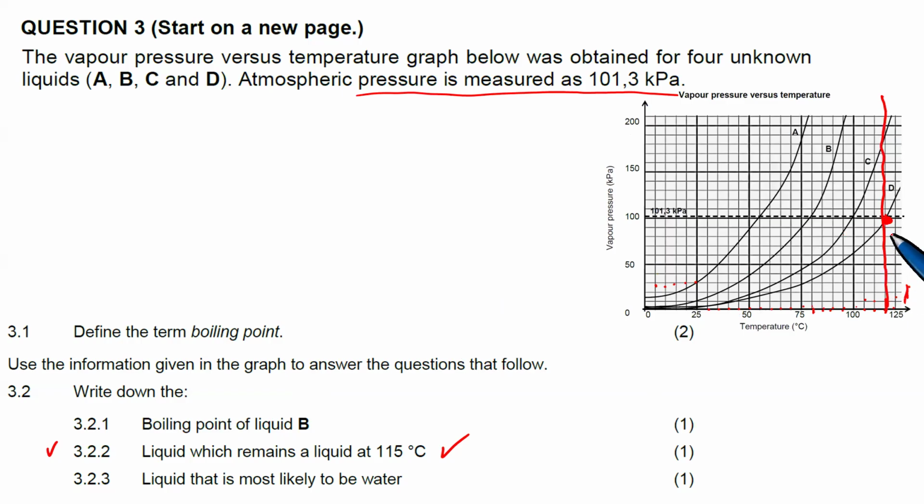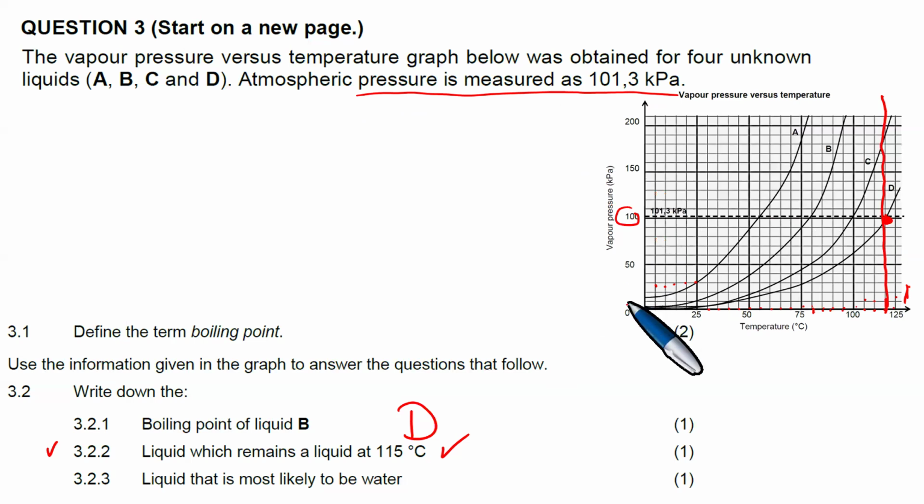At 115, liquid D remains a liquid because this graph intersects the atmospheric pressure line, which is 101.3. 101.3 is above 100, because this is 100, and then there's 101, a little bit up there.